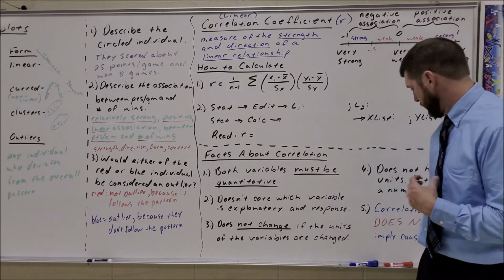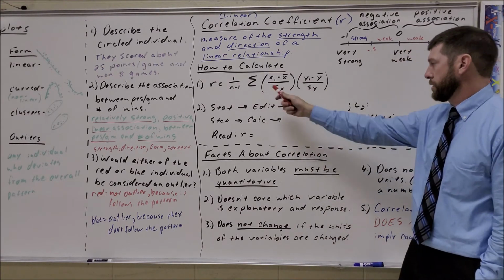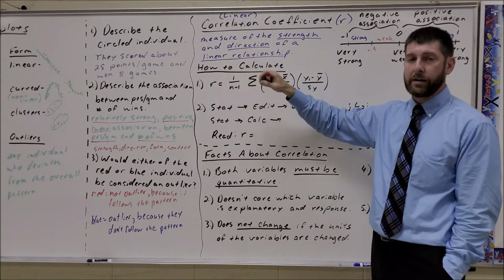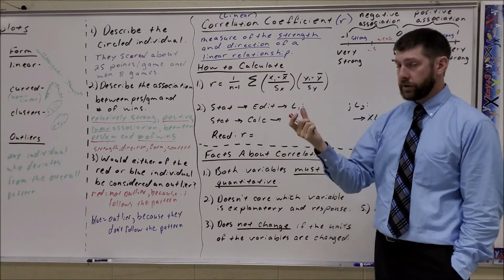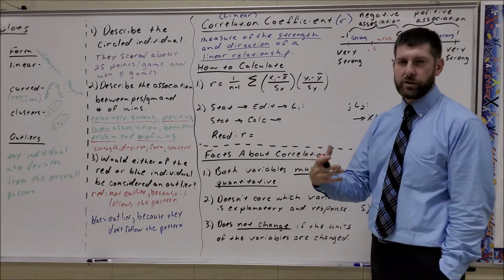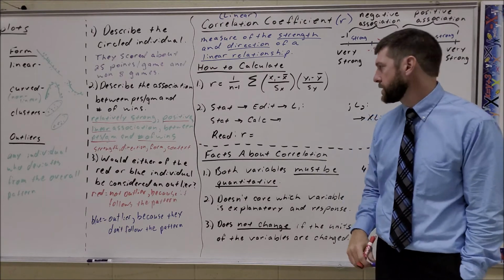The formula is just the definition. So if I look at my formula here, 1 over n minus 1, that's just saying divide by the number of individuals, number of ordered pairs you have, minus 1. And we know we usually do that when we're talking about predicting and sampling and things like that, because we want to weaken the estimate.